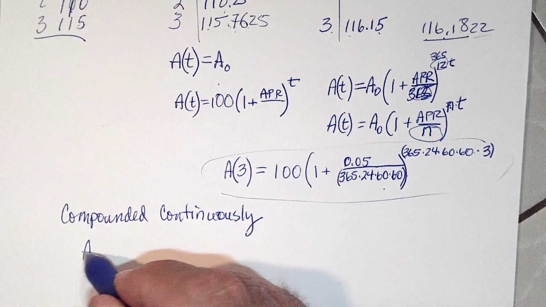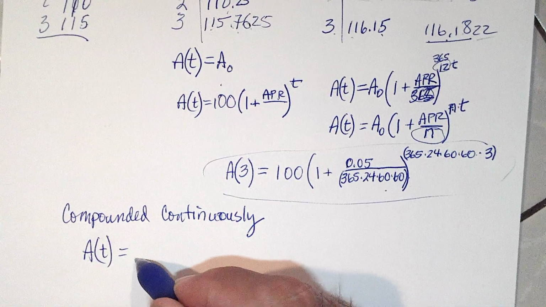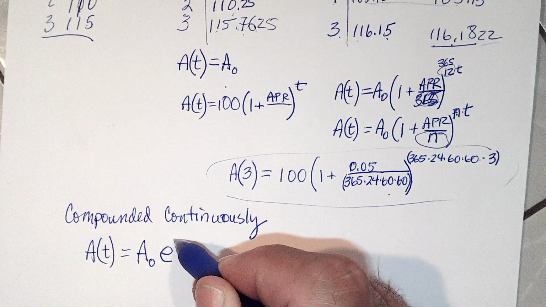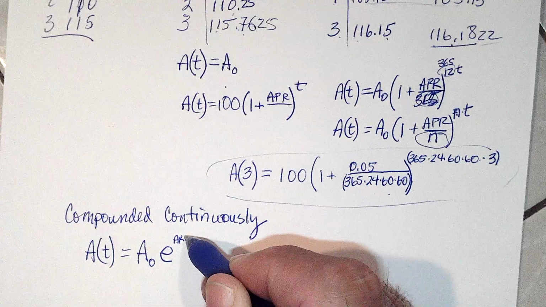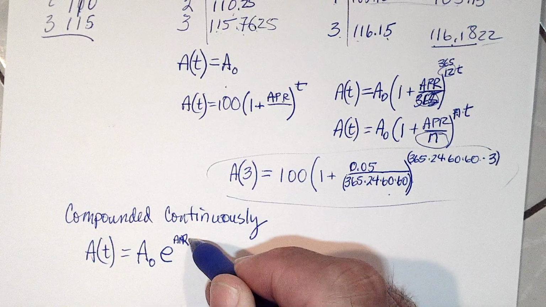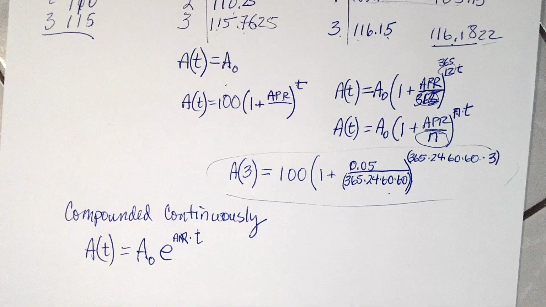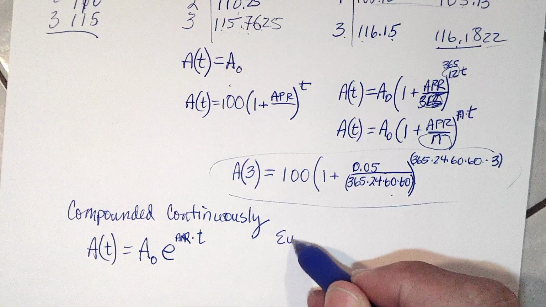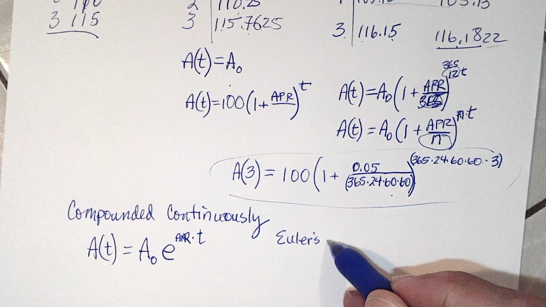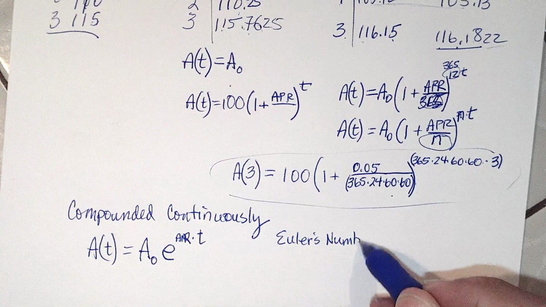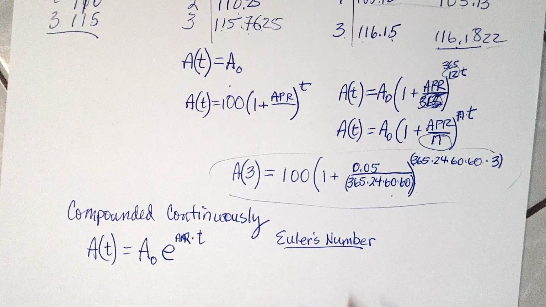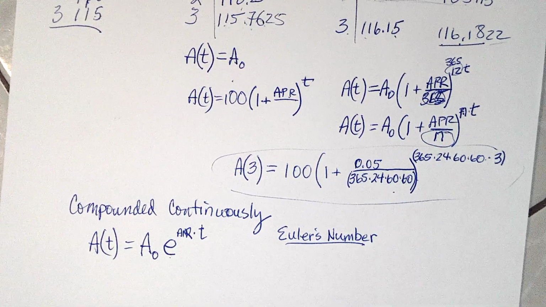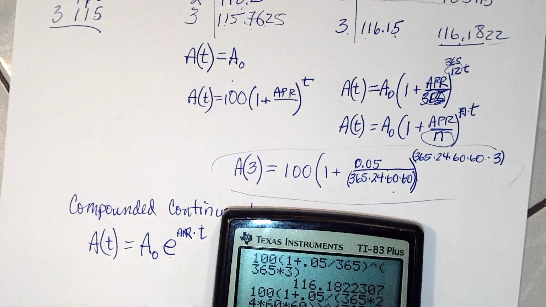That's the amount you have after some time is the amount you start with, e to the APR, the interest rate, in decimal times the number of years, t. E is Euler's number. He's a Swiss gentleman who was working with this stuff, and he discovered this e. So let's see how this would work for 3 years.